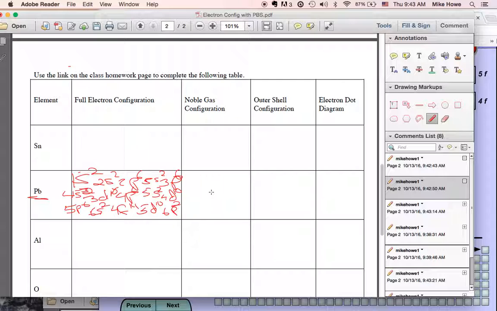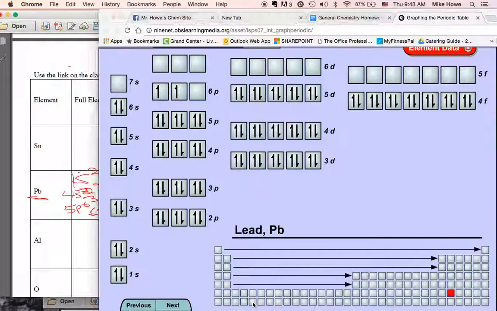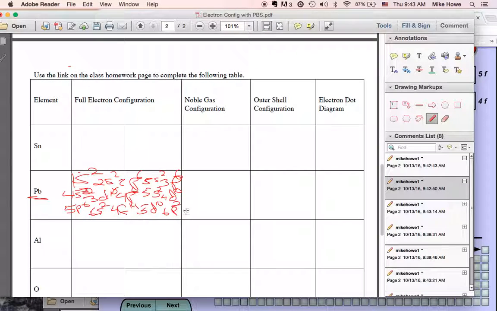For noble gas, remember, the noble gas configuration involves going up to the previous row. So I'm going to go back to my lead over here. There's lead. Up to the previous row here, to the far right end there, and that's xenon. So we're going to put brackets, then xenon, Xe. And what that means is that there are 54 electrons already noted.